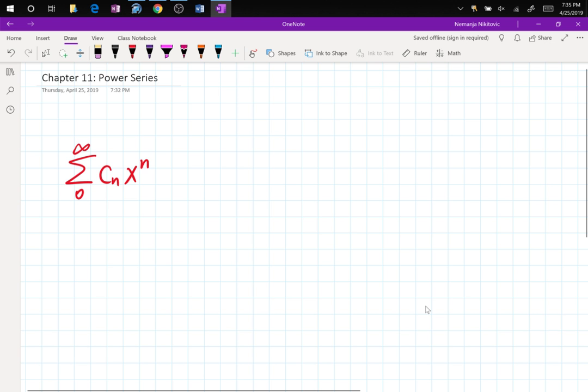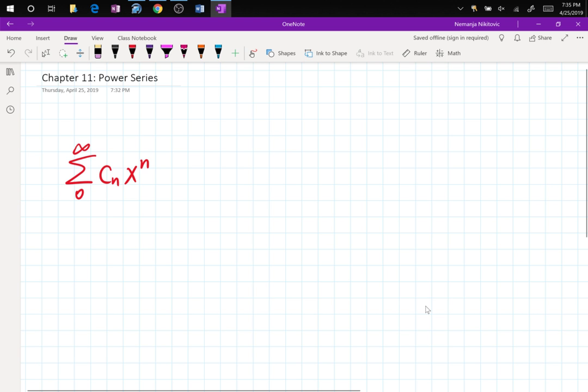So if you're trying to make these connections, a sequence is just a list of numbers. A series is the sum of the numbers, so you're adding numbers. And now power series would be functions of that realm.